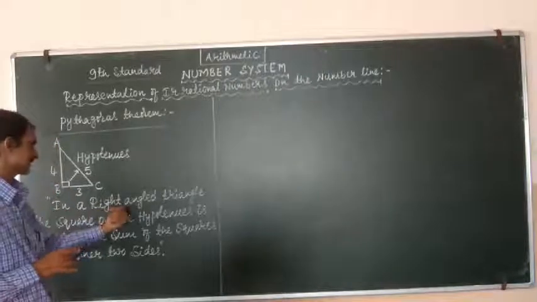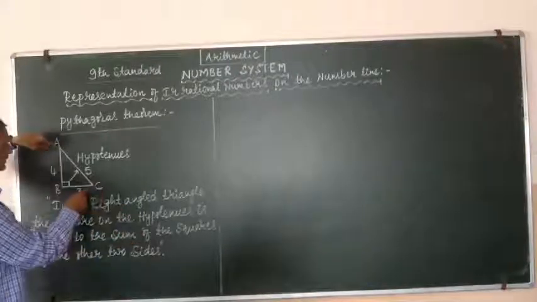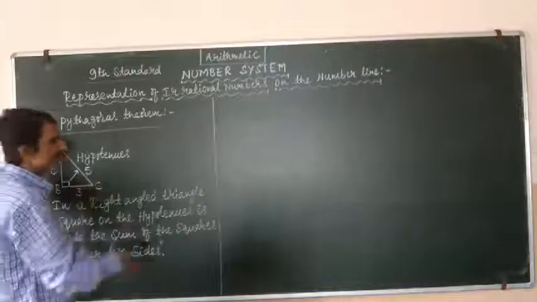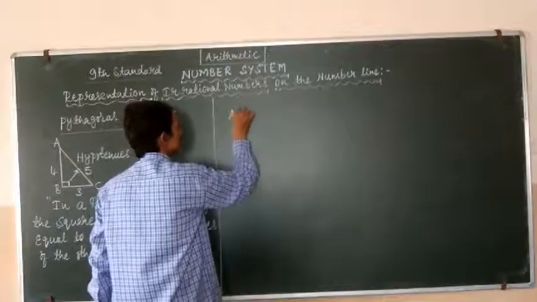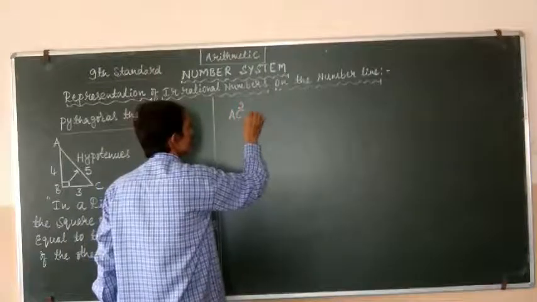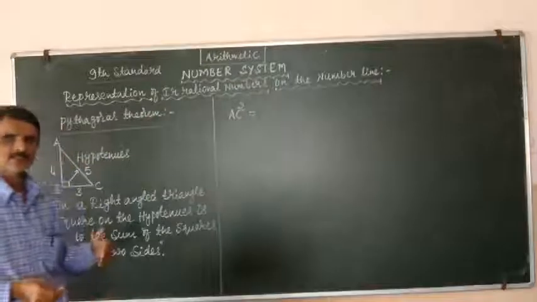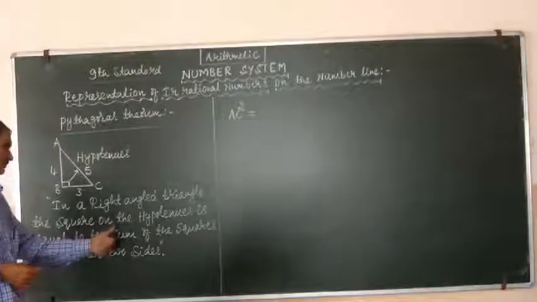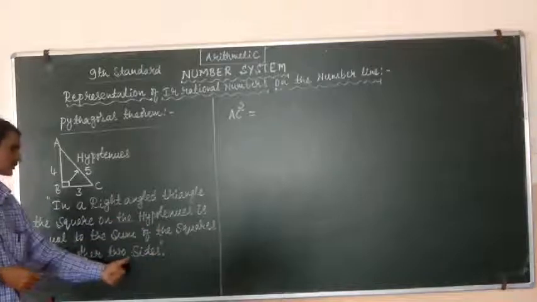Apply this statement to the given right angle triangle. In a right angle triangle, the square on the hypotenuse, which is the hypotenuse here? Yes, AC is the hypotenuse. So AC square is equal to the sum of the squares of the other two sides.